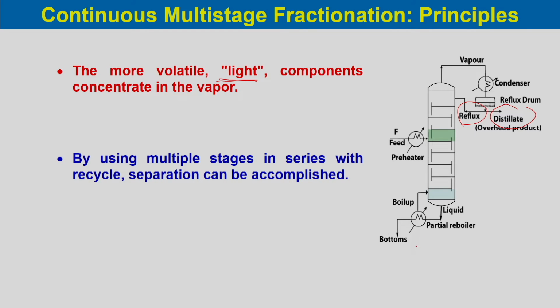The less volatile component will be richer in the bottom product, because the liquid will fall down and you can get a liquid product over here, and the lighter, more volatile components will move upward, and you will get the more volatile component as a distillate product at the top.